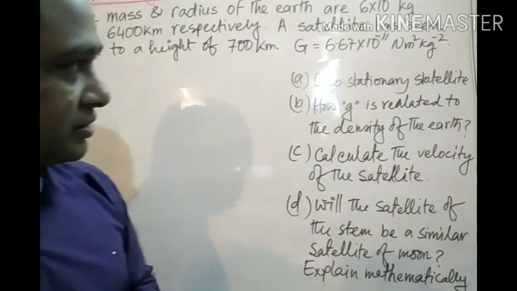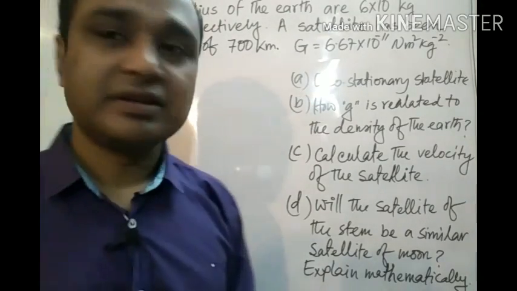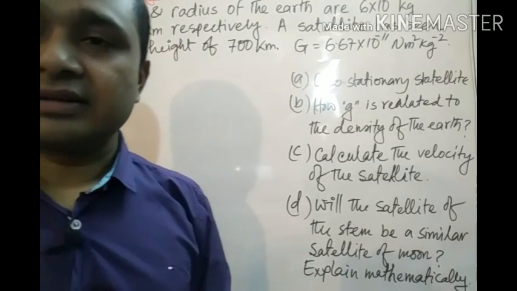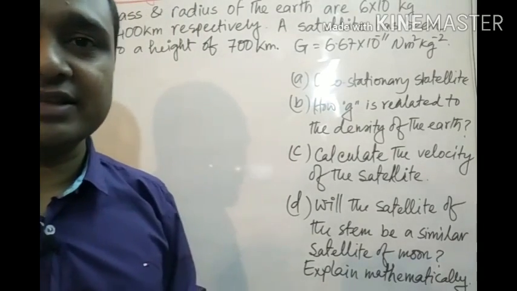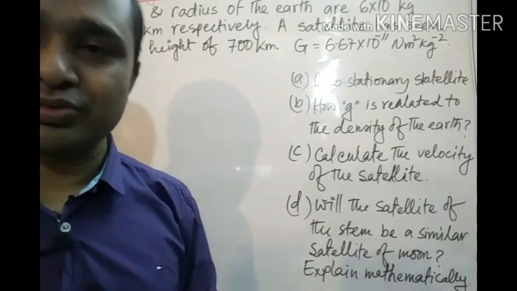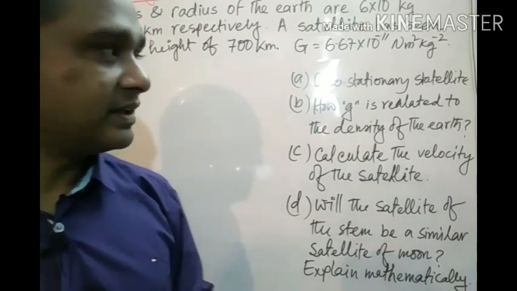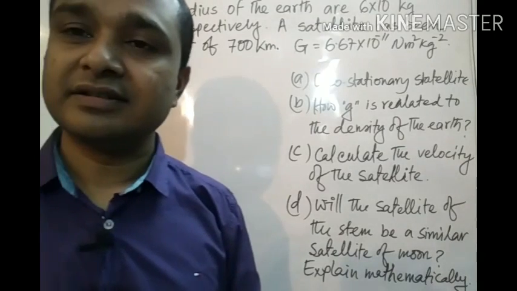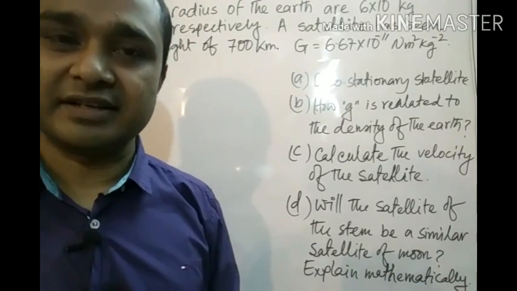Okay? So if we take an example for our planet Earth, then we can say that if the time period of an artificial satellite is exactly 24 hours, then the satellite is known as a geostationary satellite.